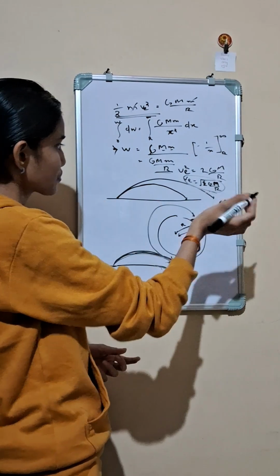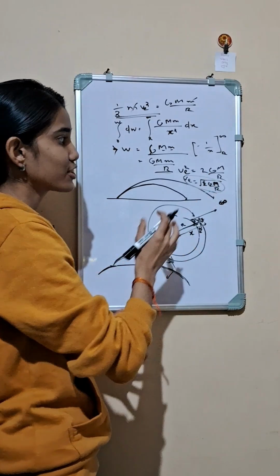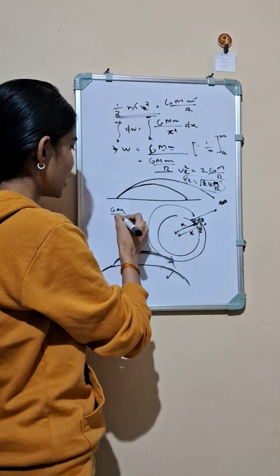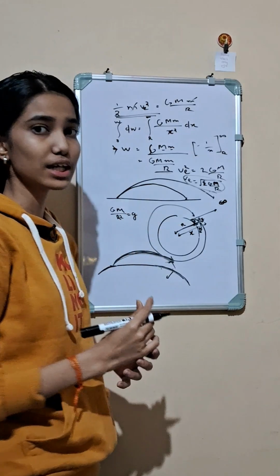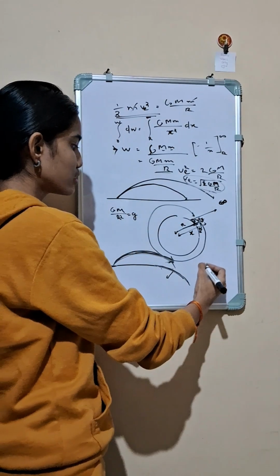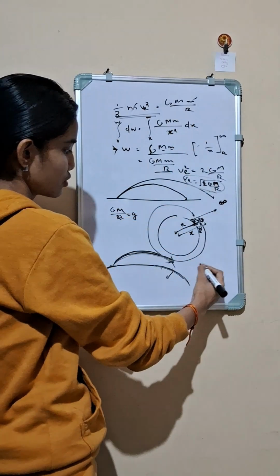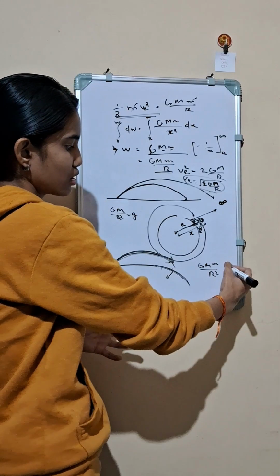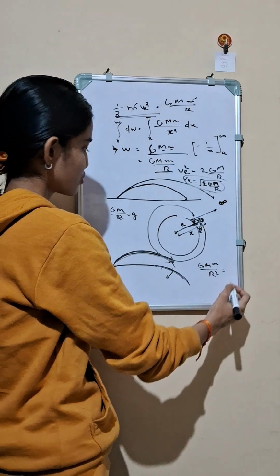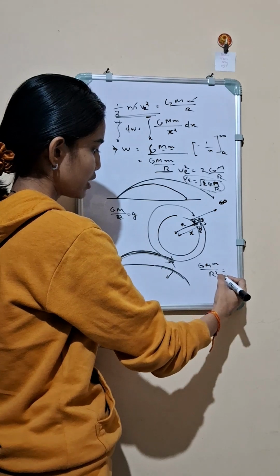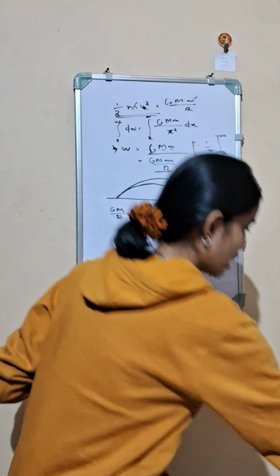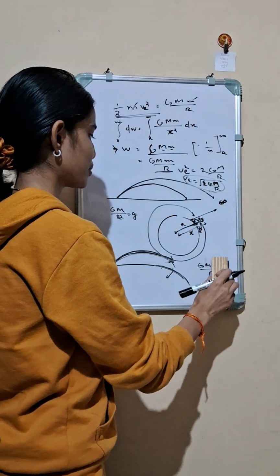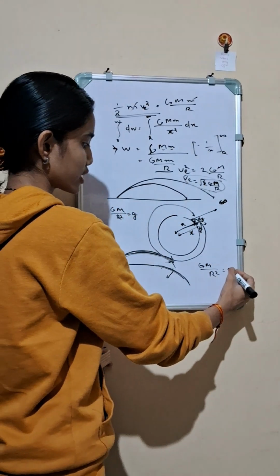And for specifically talking about Earth, we know that GM by r square equals small g, that is the acceleration due to gravity. We know that GMm by r square is the force, and from this we can say that when we divide by the mass of the body, this will be equal to the acceleration, that is small g.